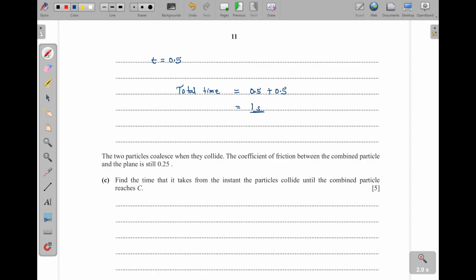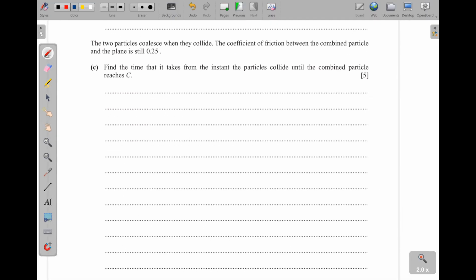So that is that. And then lastly, the two particles coalesce. That means they stick together. They form one particle. When they collide, the coefficient of friction between the combined particle and the plane is still 0.25. Find the time it takes from the instant the two particles collide until the combined particle reaches C. Before collision, what is the velocity of P?